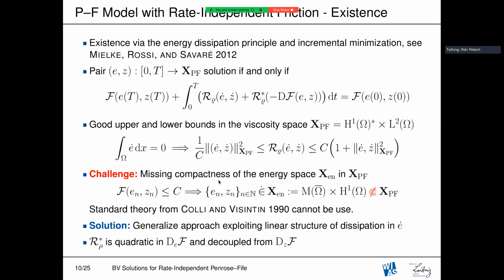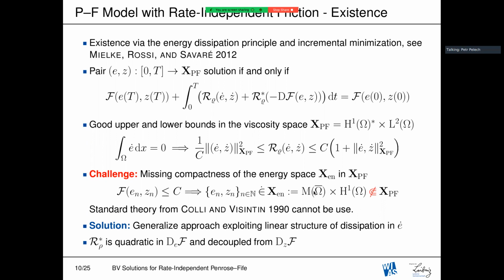The difficult part here was that we could not use the standard theory due to Colli and Visintin, because the state space, which is somehow connected to the coercivity of the energy, is not compactly embedded in the viscosity space of the rates. Because the measures here are the troublemakers. If it were L2 star, then it holds, but we don't have quadratic growth, it's just linear.